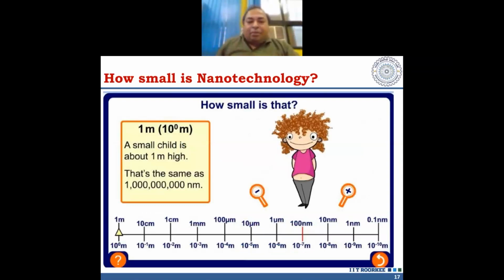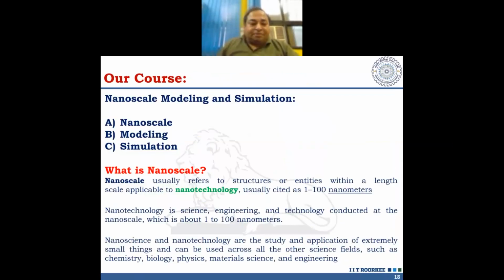Also, it's a different representation. How small is nanotechnology? You could see that a small child is about 1 meter high, and that's one with 9 zeros, that much nanometer. So 10 to the power 9, that much is the difference between 1 meter and 1 nanometer.